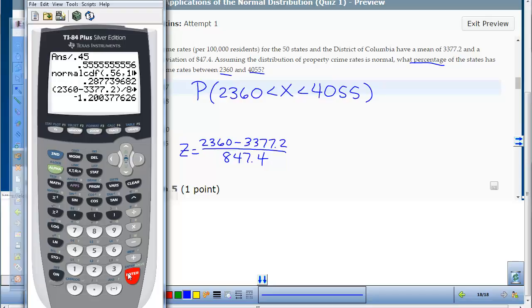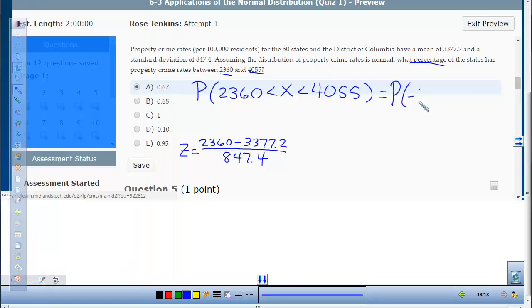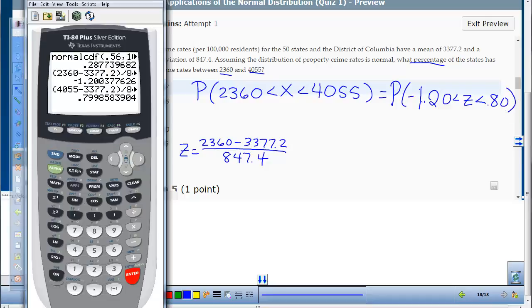If I change that 2,360 to 4,055, I get 0.80. Okay, so we're talking about the probability that Z is between negative 1.20 and 0.80. And so I can use normal CDF on my calculator to find that.